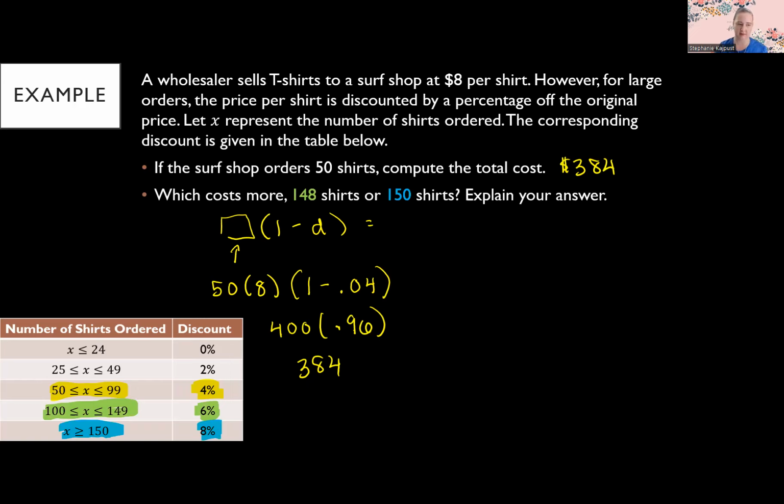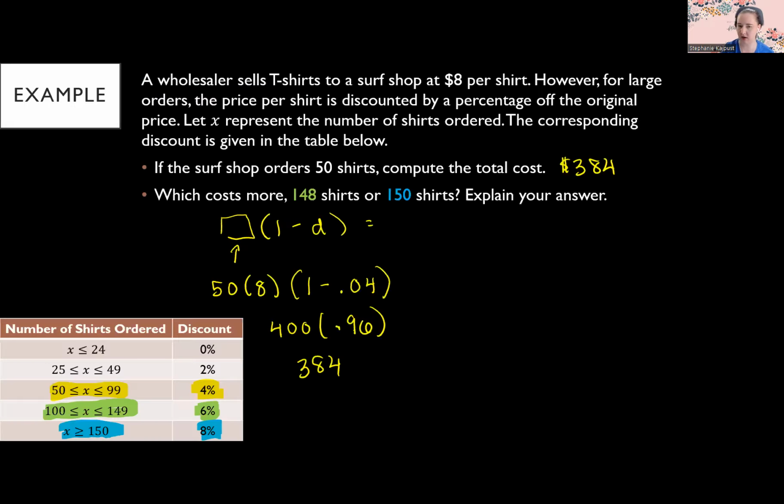So we have different discounts going on here. So let's first do 148 shirts, and that has a 6% discount. I'm just writing this down based off of the table here. 148 is between 100 and 149.